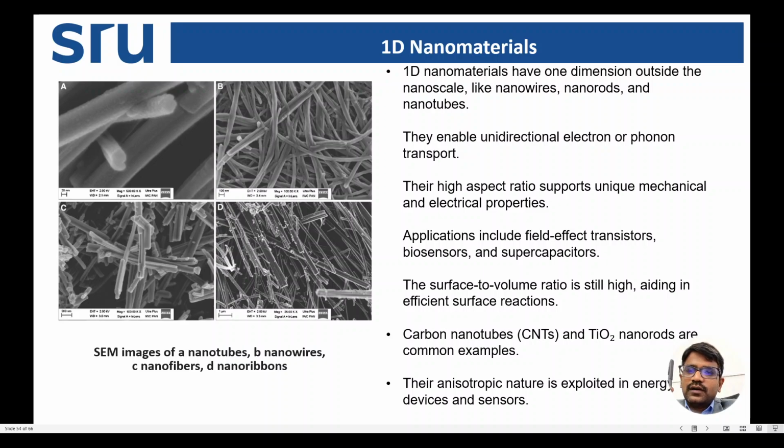So out of the three dimensions, one dimension is outside the nanoscale, meaning more than 100 nanometers. The remaining dimensions must be within 100 nanometers, but one dimension is outside because it is very long. That's why it is a one dimensional material.